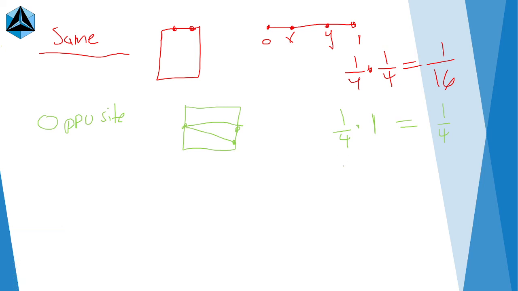Okay. So now our final case we want to deal with is this adjacent side case. So we have adjacent. Now this is going to be just a little bit more complicated. And so in this case, let's consider something here.